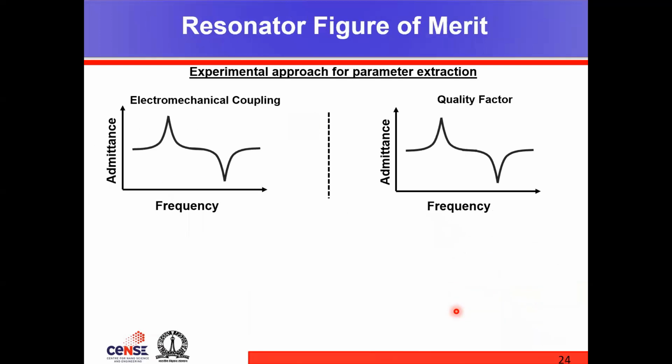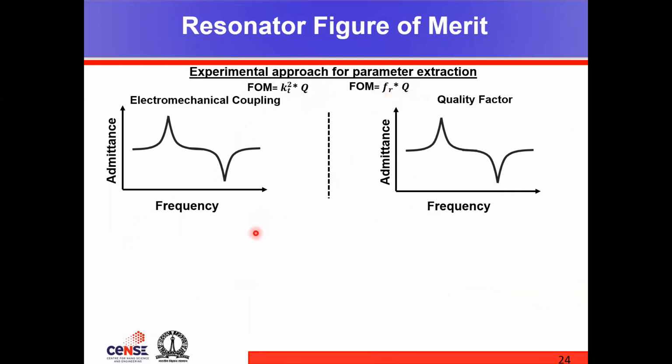So next we shall move over to the resonator figure of merit. Figure of merit is used to compare resonators operating in different frequencies and different transduction schemes. So this is a common basis of comparison. One figure of merit is the product of coupling coefficient and the quality factor. The other figure of merit is the product of frequency and quality factor.